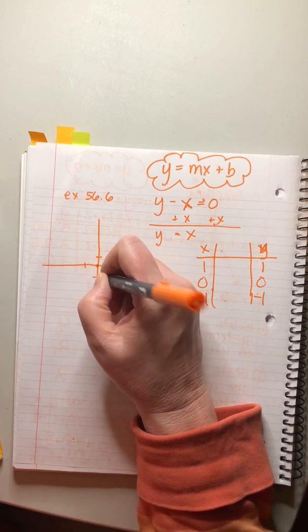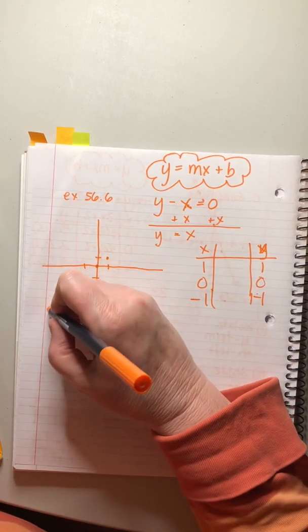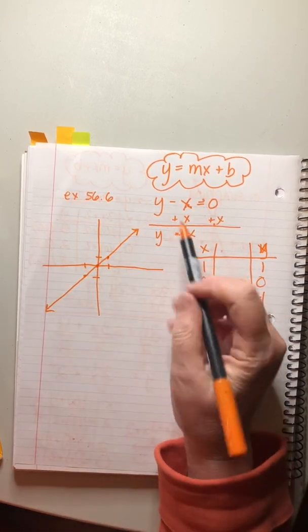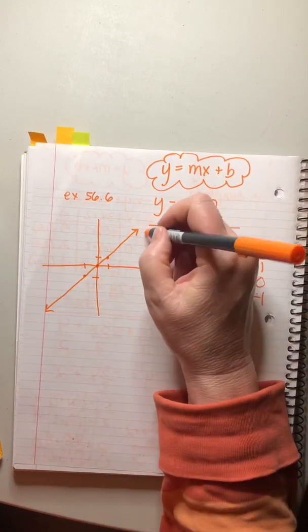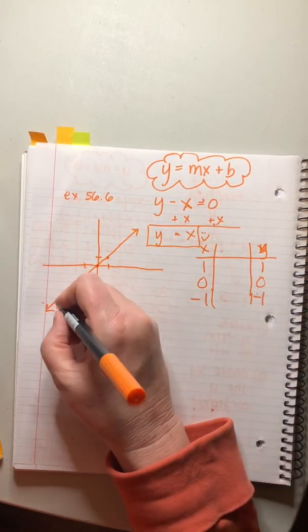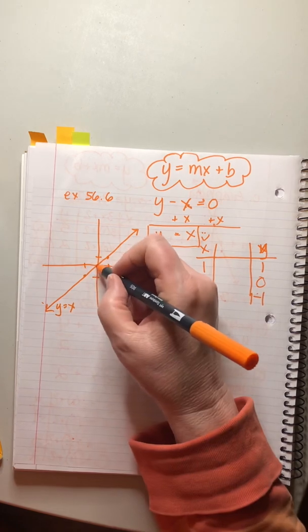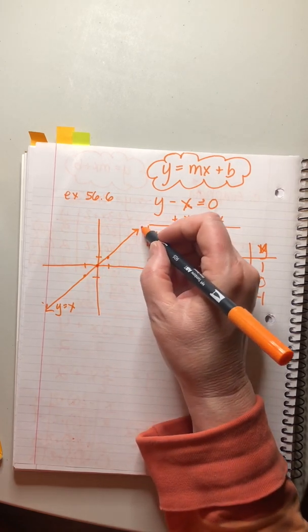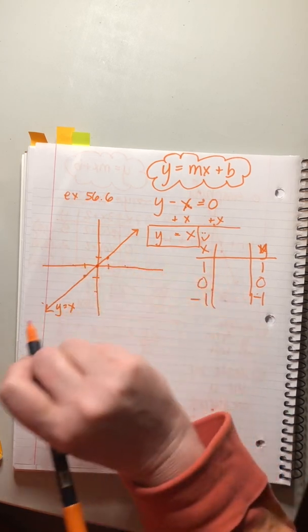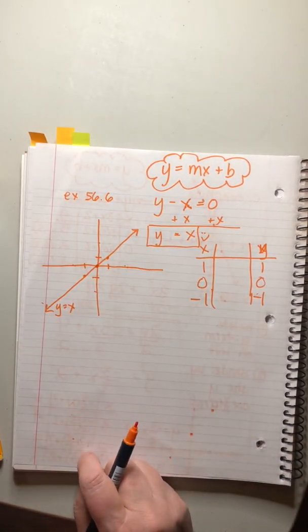And then -1 and -1. There it is. So this is a good one to memorize, you guys. Because when y equals x, which is what we have right here, this is how it will always look. It goes right through the middle, divides it cleanly in half, and it divides this quadrant cleanly in half. Easy to calculate, easy to do.